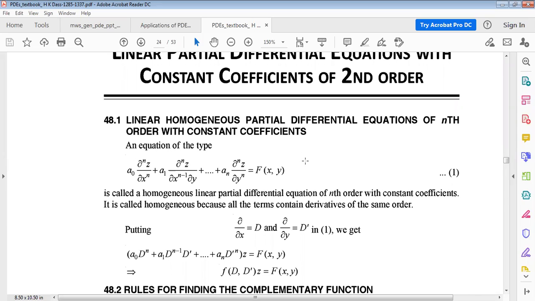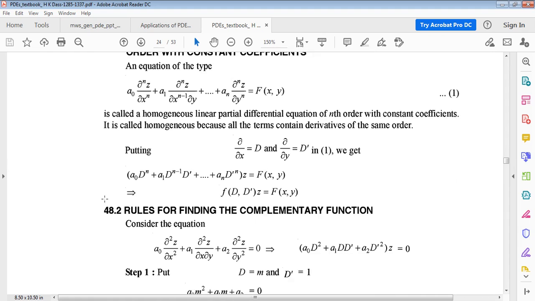If the equation is of this type, it is called a homogeneous linear partial differential equation of nth order with constant coefficients, and it is called homogeneous because all the terms contain derivatives of the same order, the nth order.